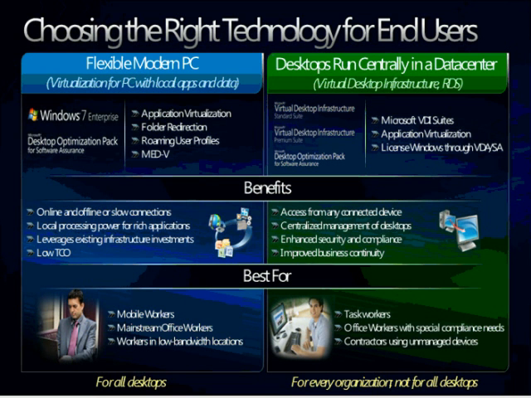So mobile users need applications and data available locally, as they are often working offline. Another situation might be engineers or designers who require intensive processing on a local PC. For these cases, virtualization of the user state and application layer provides the best balance of both flexibility with IT management.